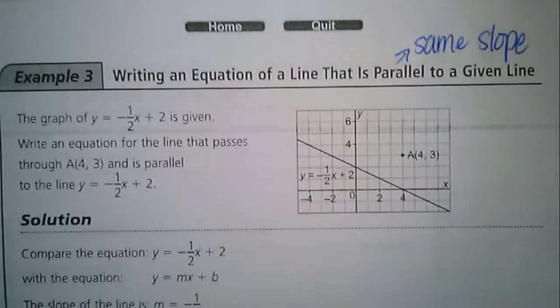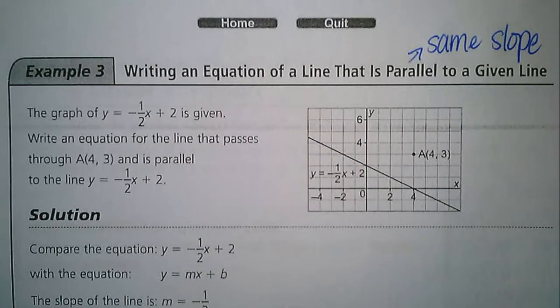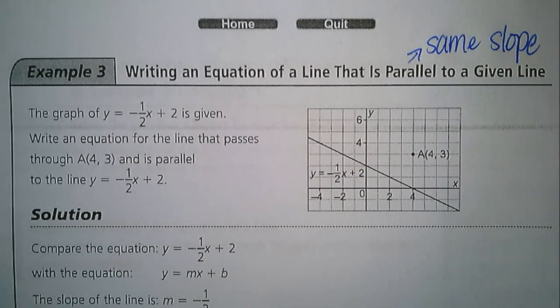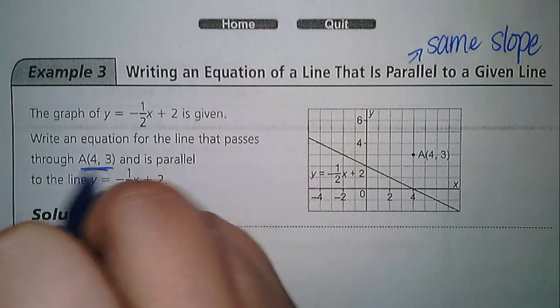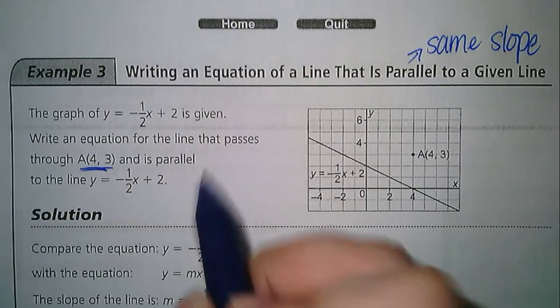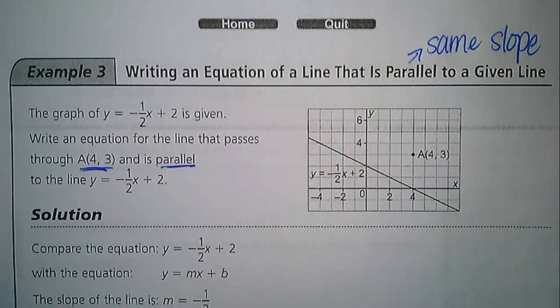So they said the graph of y equals negative 1/2 x plus 2 is given. They want us to write an equation for the line that passes through A, 4 and 3. Okay, so those are going to be my points, and is parallel to this line. So there's two pieces of information that I need to take from that. The first one is it said it's parallel. That means that its slope needs to be the same.